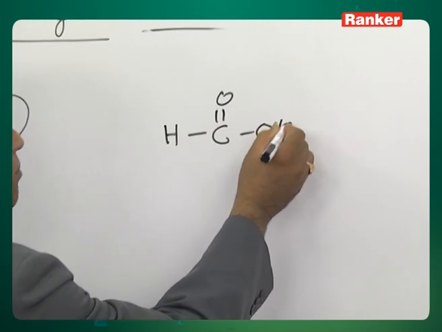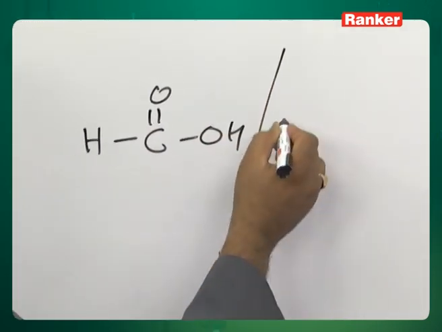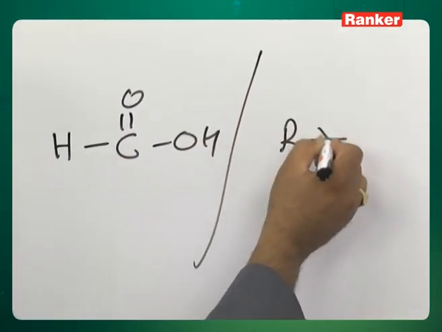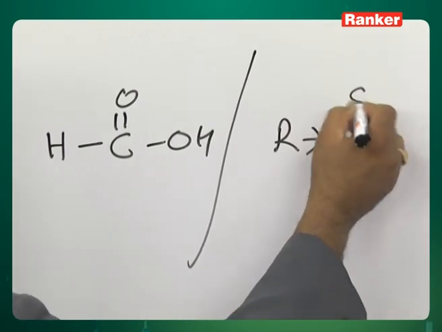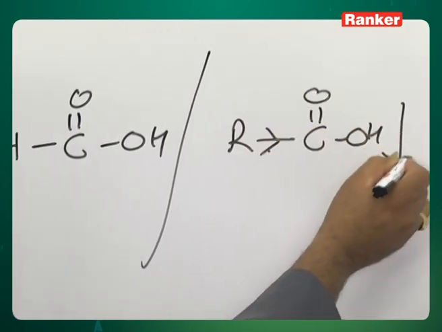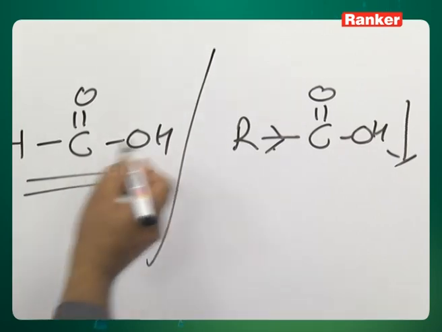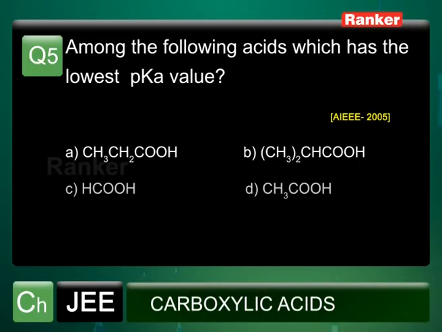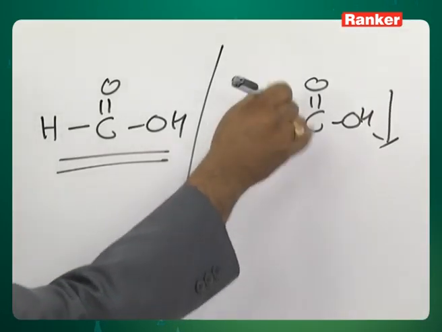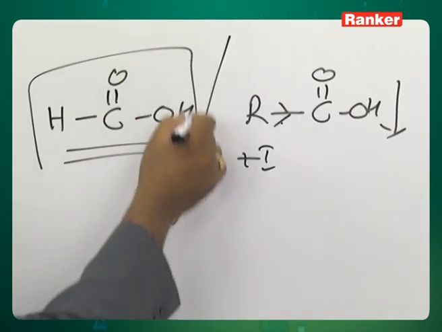When compared with all the acids which have some donating groups through plus I effect, they must be weak acids. All such acids in options A, B, D come under this category, where plus I effect decreases the acidity. So formic acid will become the strong acid.